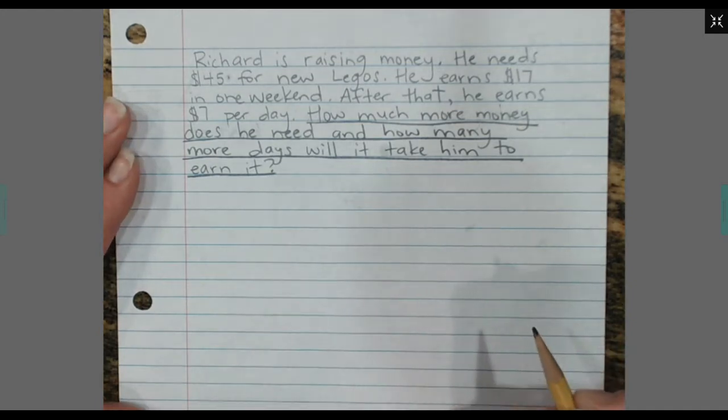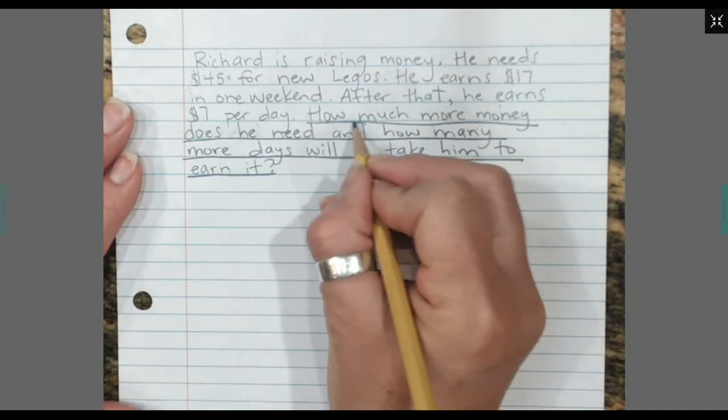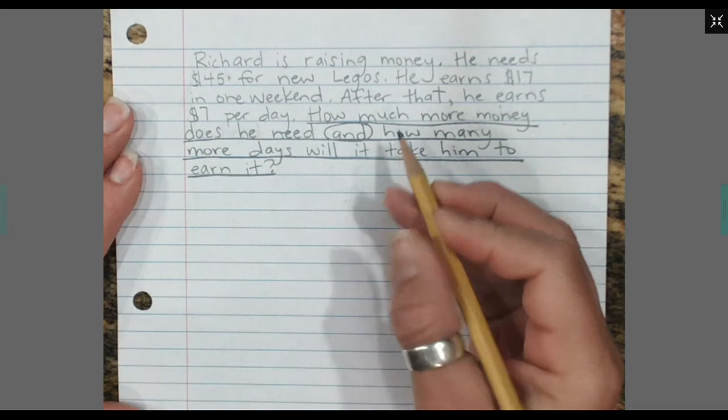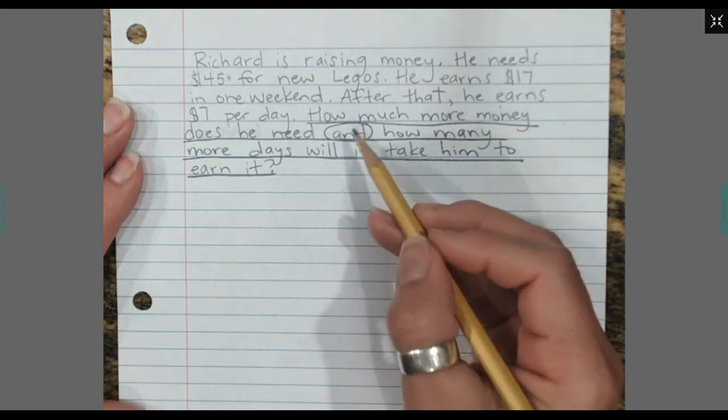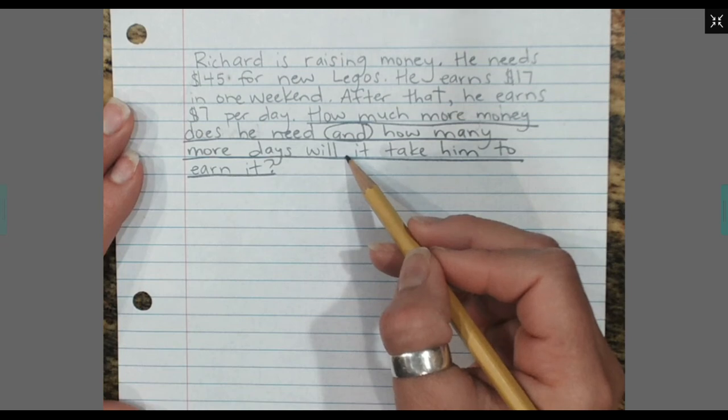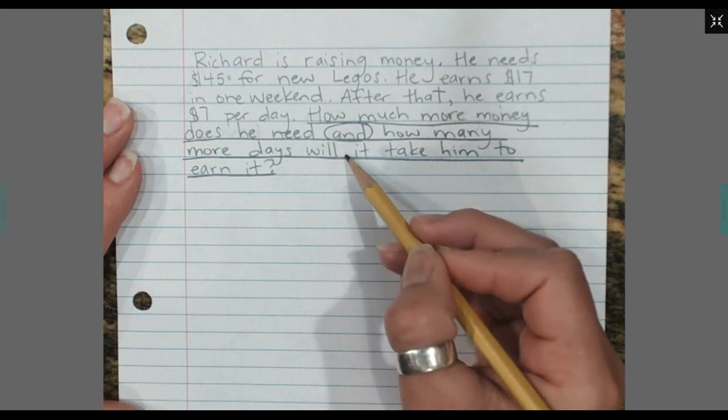In that question, I see the word and. And is a key word to me. And tells me that I have two parts to this question. So since there are two parts, I bet that I might have to do two different operations to solve this problem.